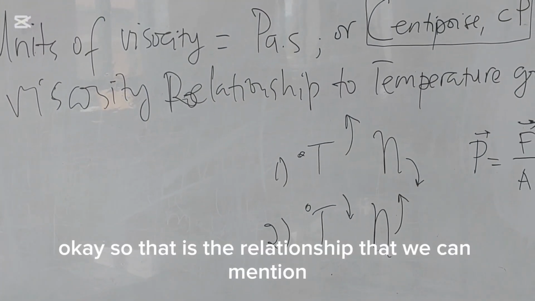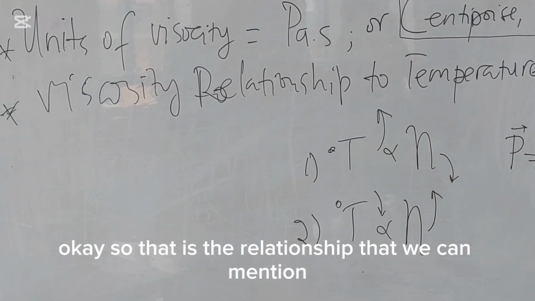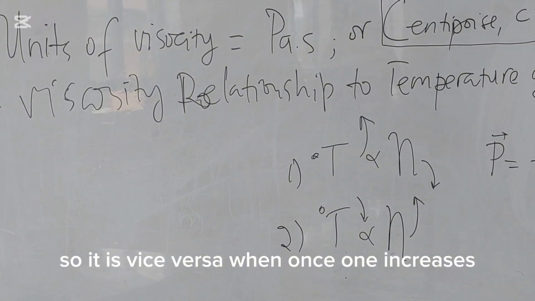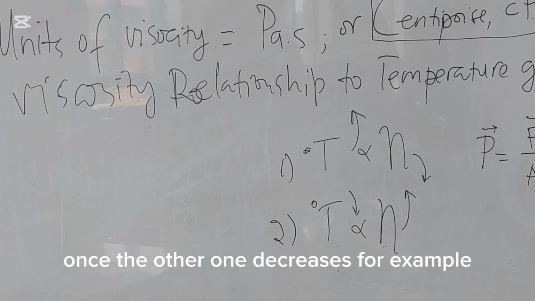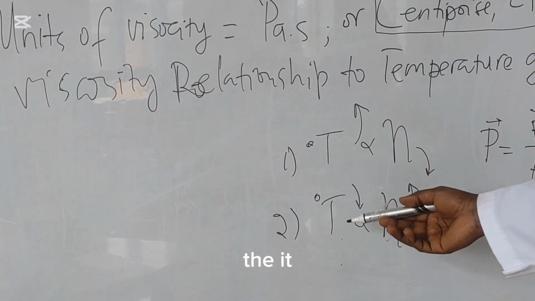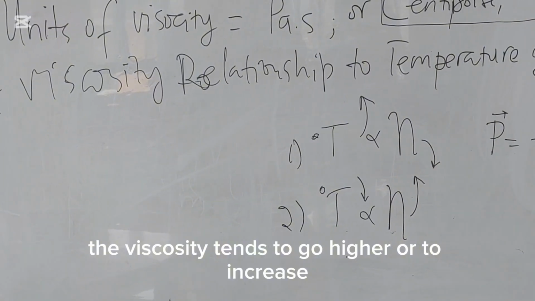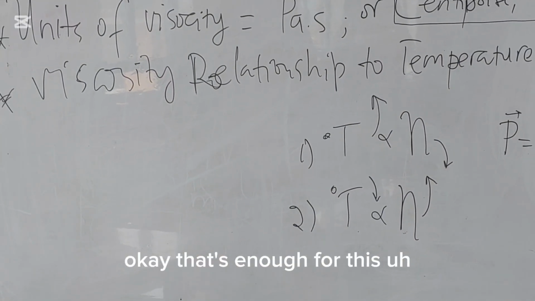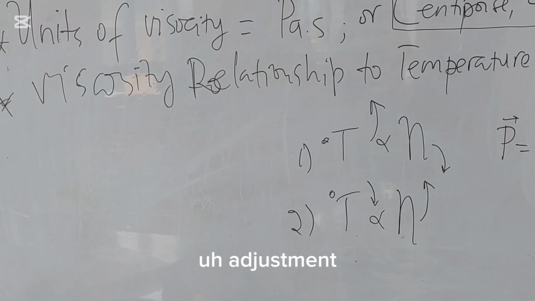So that is the relationship that we can mention. It is vice versa: once one increases, the other decreases. Once the temperature decreases, the viscosity tends to go higher. Okay? That's now for this viscosity measurement. Let's come back to the equipment adjustment.